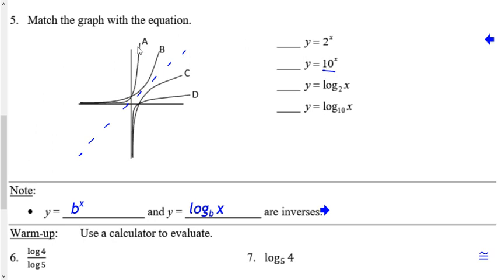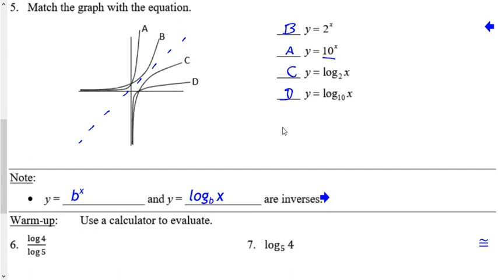So graph A will match y equals 10 to the x. B, that also will be an exponential function, so that'll be the base of 2. And then as I look at the reflections in that diagonal line, B and C will be inverses, so C will be log base 2 of x, and then B will be log base 10 of x. We'll look more at graphs as we go through today's lesson.